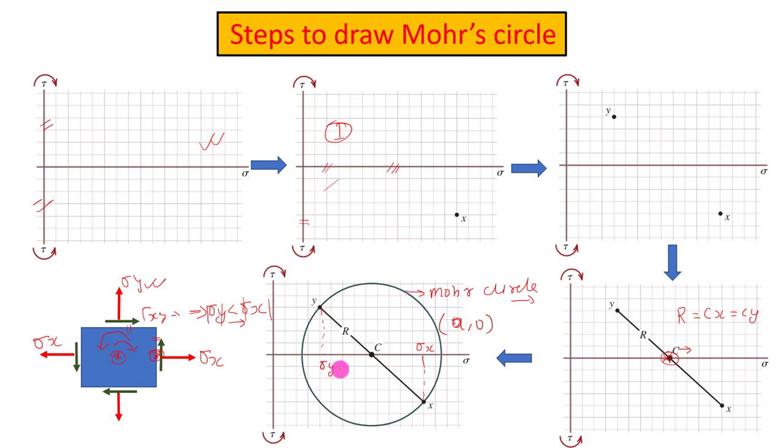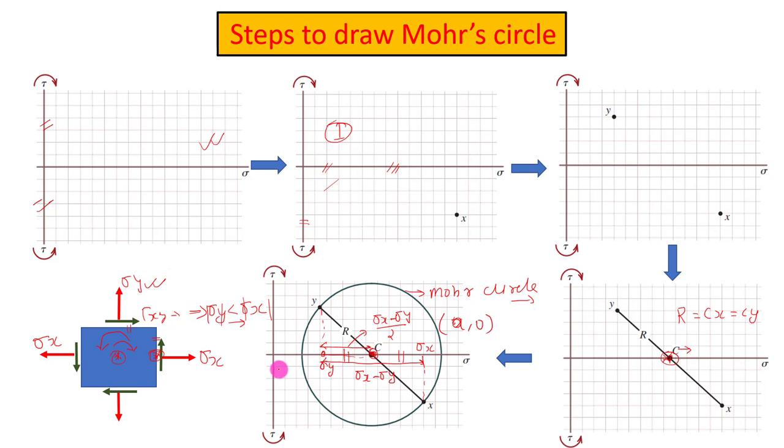So the distance between these two points will be sigma x minus sigma y. If we take the midpoint of this line, the midpoint will be C. So this side and this side will be equal, and the value of this will be (sigma x minus sigma y) by 2.